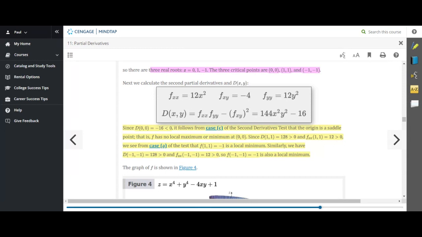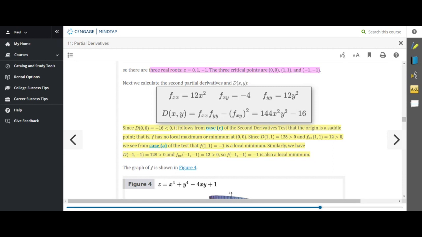So they get the function D, and then they just substitute the critical values into the function D and into the second partial derivative with respect to x.